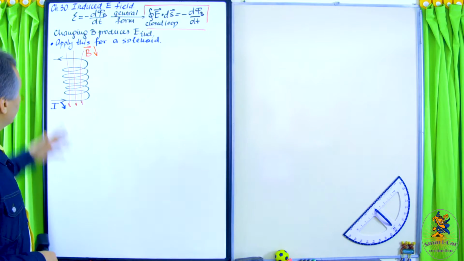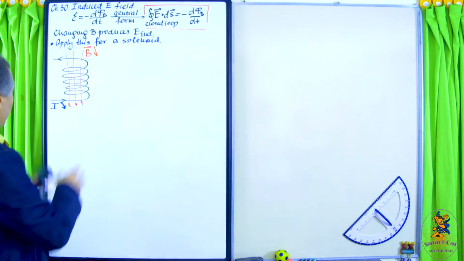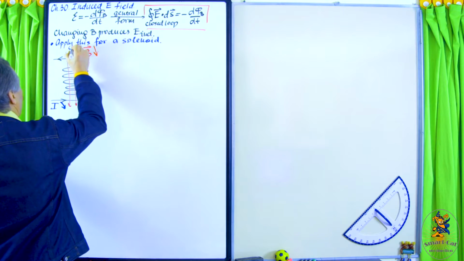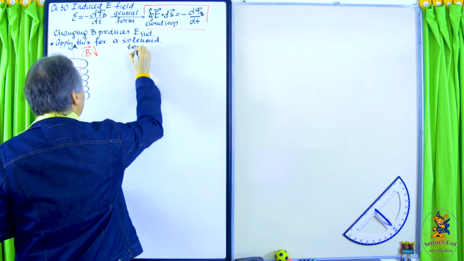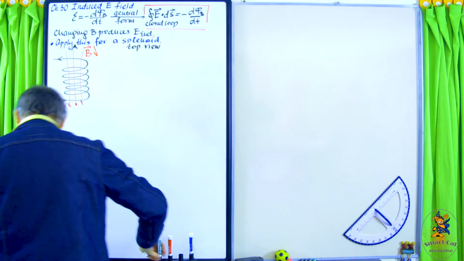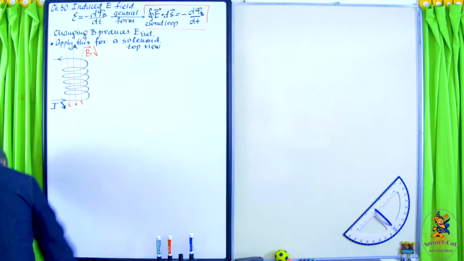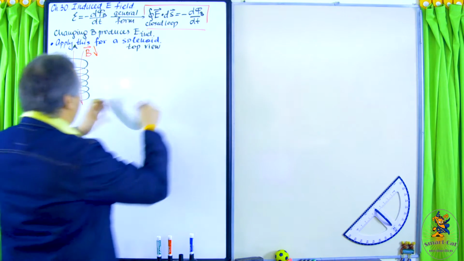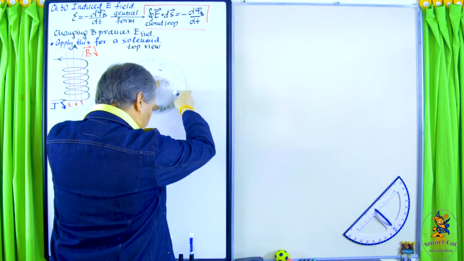And now let's draw a top view of this situation. What if your eye is over here and you're looking at this from the top? So let me write top view. Probably I will use my plate to draw it so that I will have a nice picture.